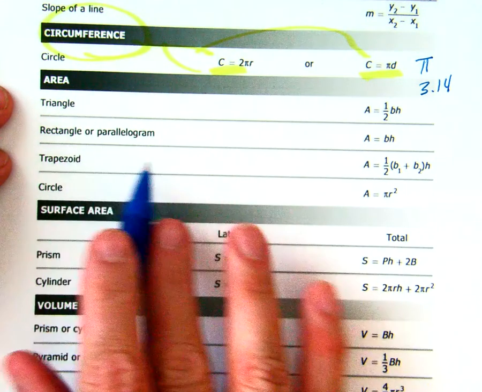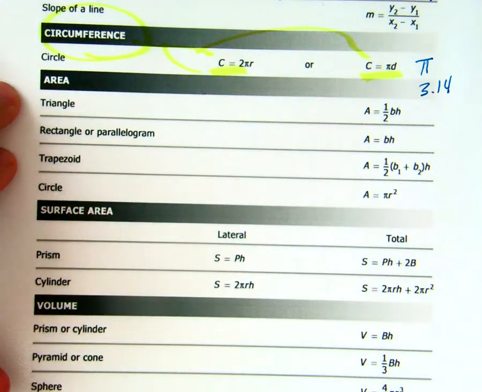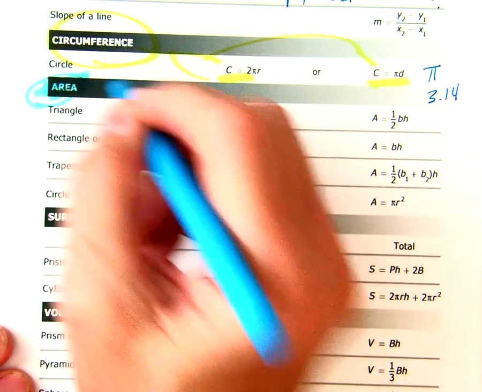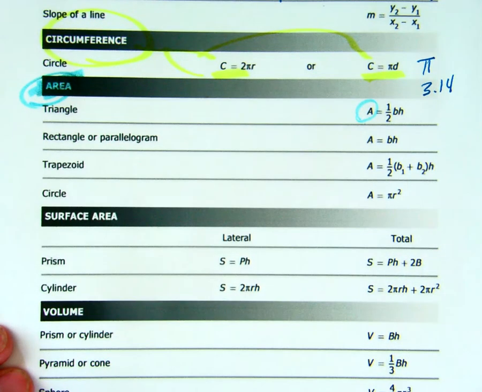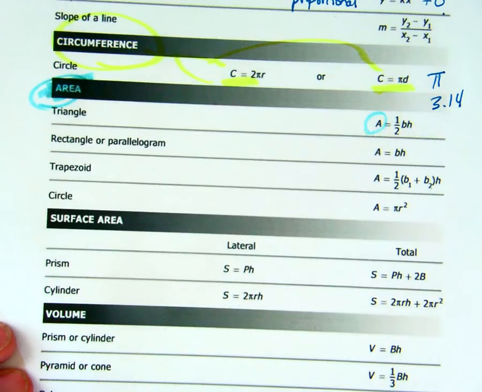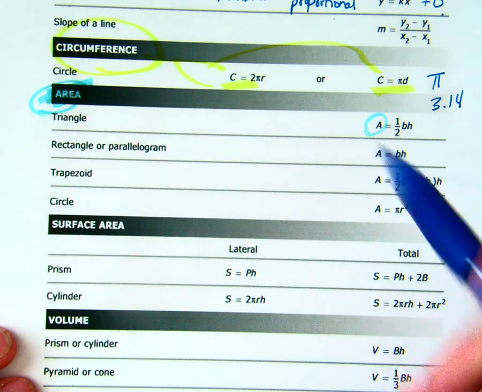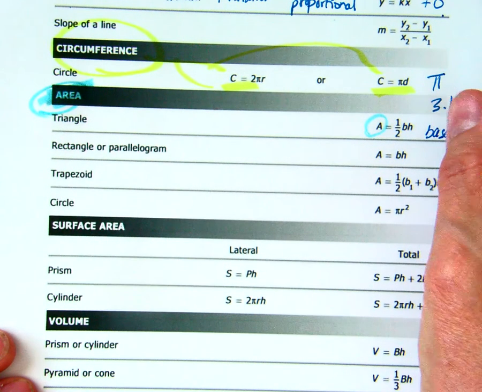Okay, the area of a triangle, half a base times height. Again here, capital A is going to mean area. The area, capital A, something that's generally calculated, although not all the time, sometimes you're given it. Then what we've got here is what you're used to, which is half of base times height.